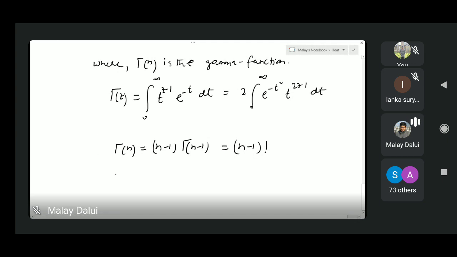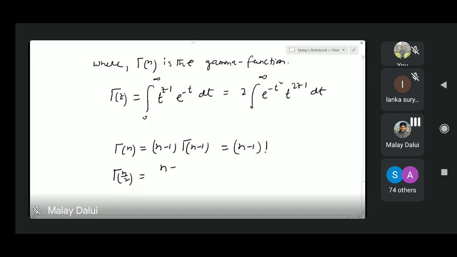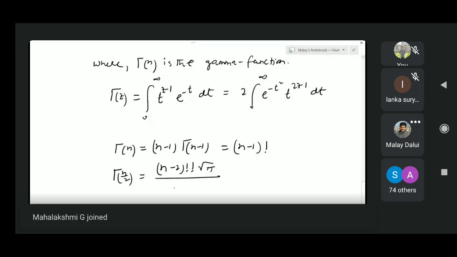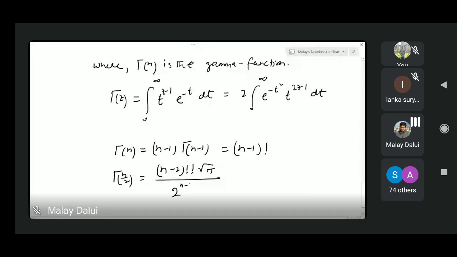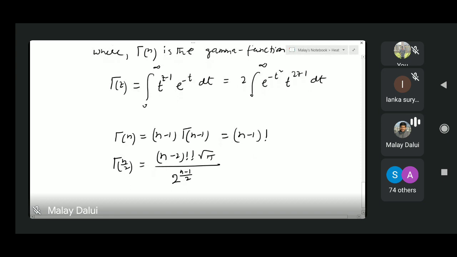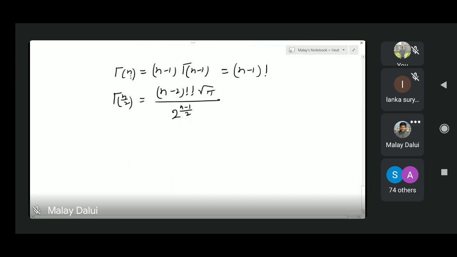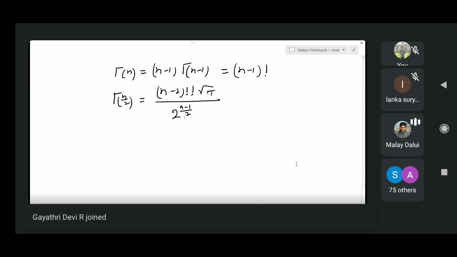And if we have a half integral, like gamma n by 2, then this becomes n minus 2 double factorial root pi over 2 to the power n minus 1 by 2. I'll define the double factorial. So you may need both of these. When you have an integer, you can use the top one. If you have a half integer, you can use the bottom one.